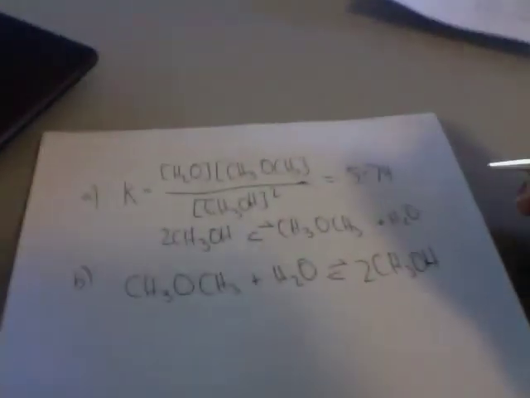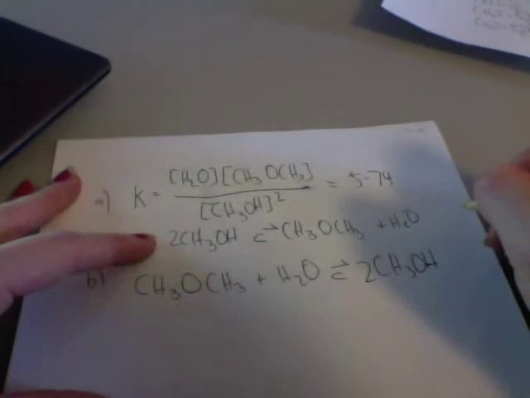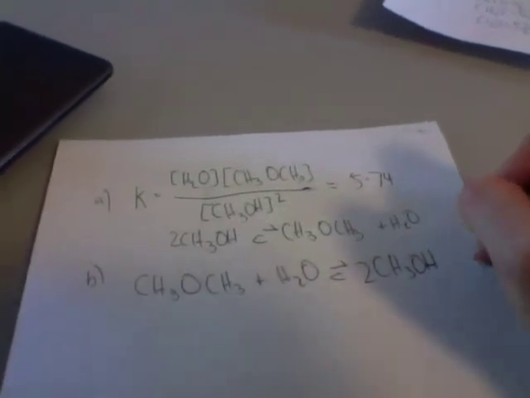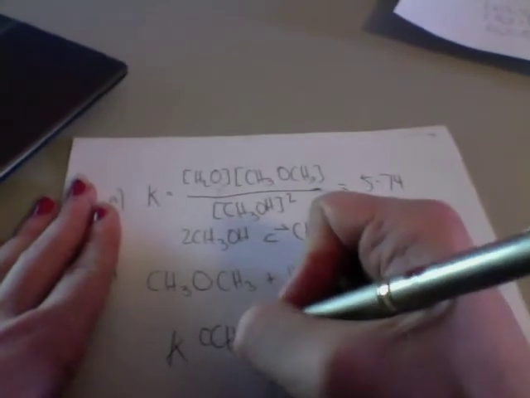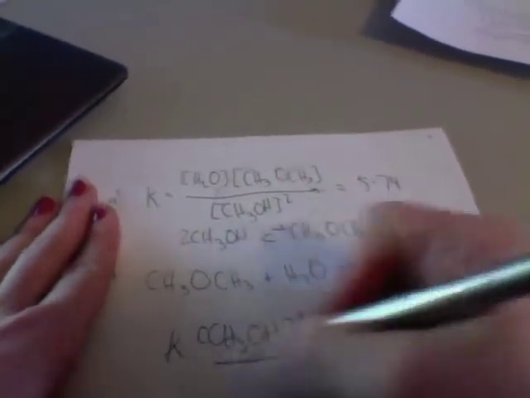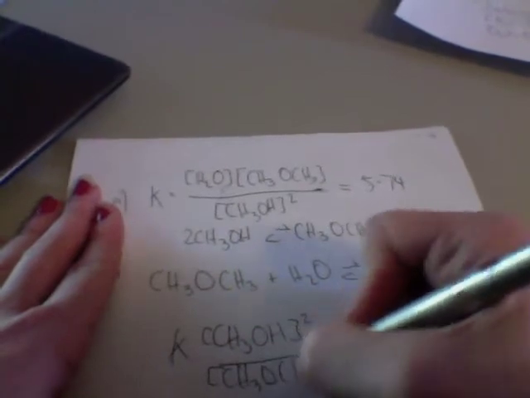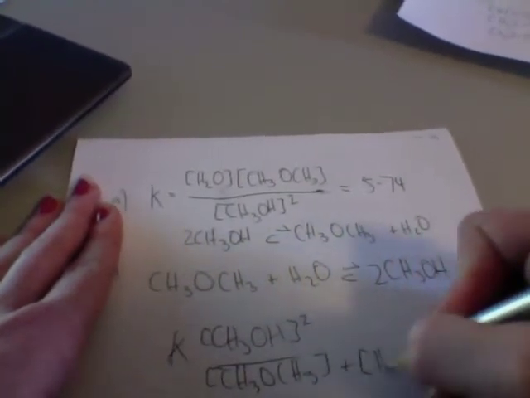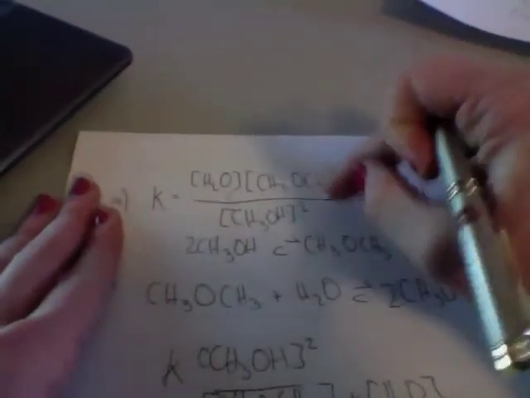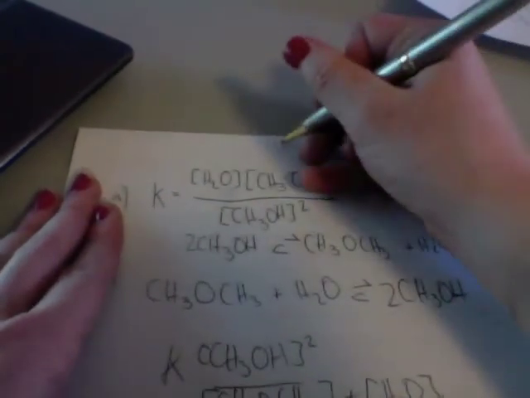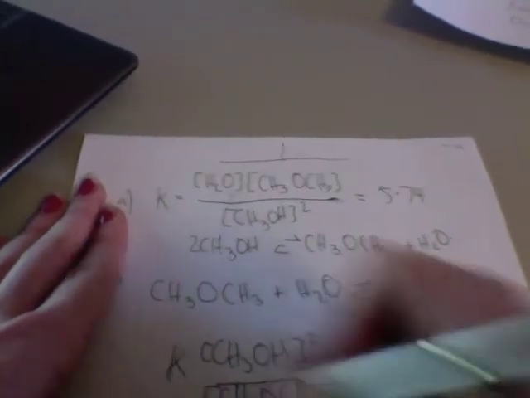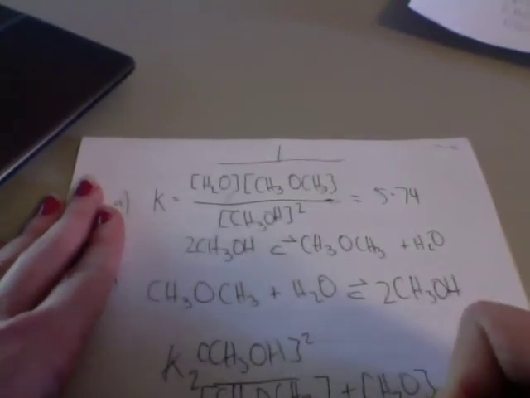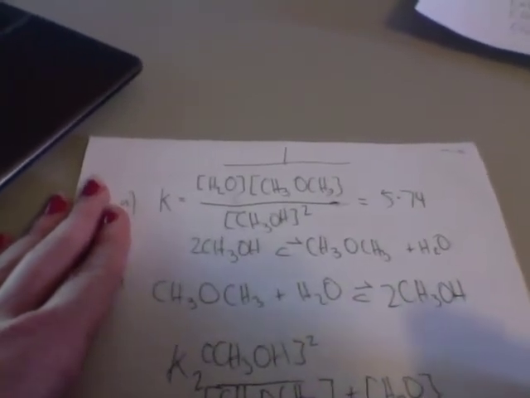Now this one's pretty simple. Basically we're inversing K. K will be CH3OH squared divided by CH3OCH3 times H2O. Can you see what we've just flipped it over? Or in other words, we've done 1 divided by this. So K2 would have to be 1 divided by K1 equals 1 over 5.74.